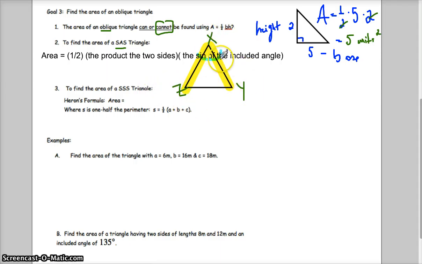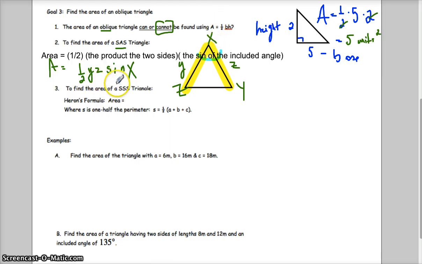Using the two highlighted sides and the included angle, I could say that my area is equal to 1/2 times, okay, I know side Y and I know side Z. So 1/2 side Y times side Z times the sine of angle X. So the relationship is 1/2 two sides times the sine of their included angle. And we can use that formula to find the area of an oblique triangle.